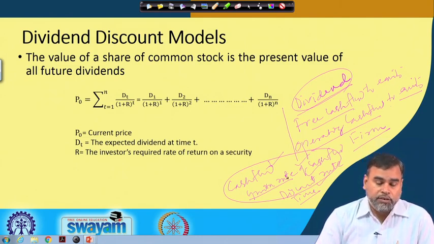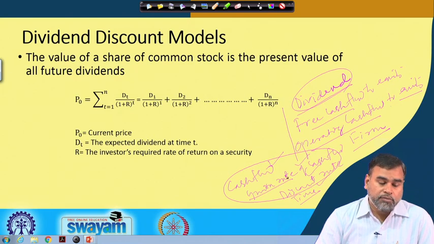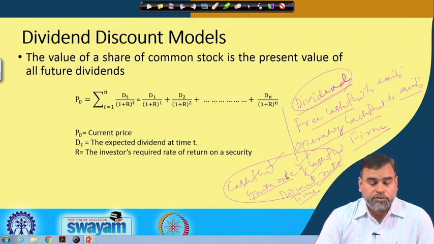If you go back, the formula is the sum of Dt divided by (1 plus r) to the power t, where r is the discount rate, which in this case is the cost of equity. You can expand it: D1 divided by (1 plus r), plus D2 divided by (1 plus r) to the power 2, and so on, up to Dn divided by (1 plus r) to the power n, if you have n number of cash flows and the period is n.